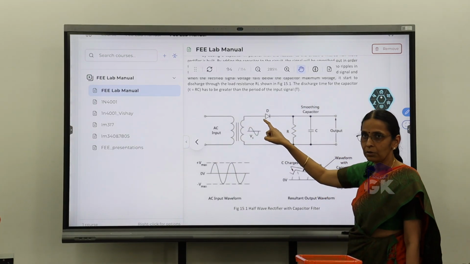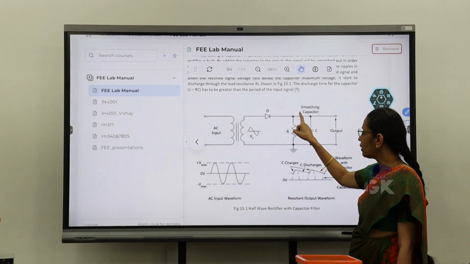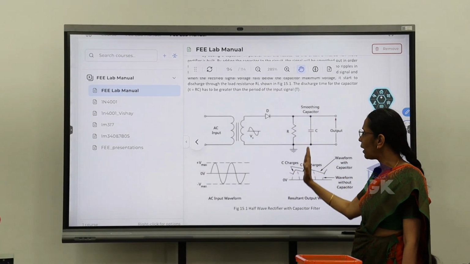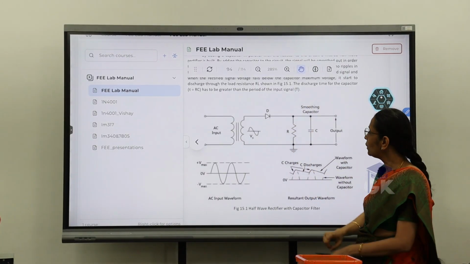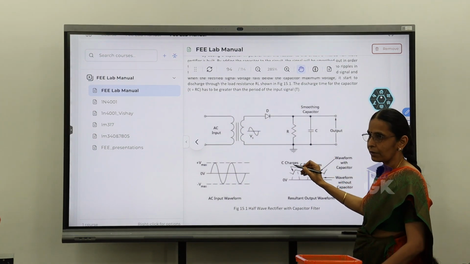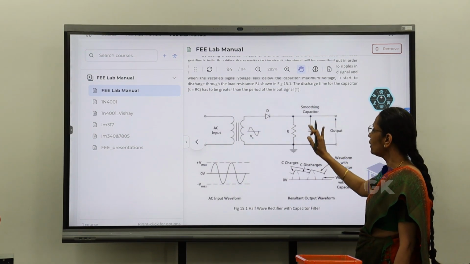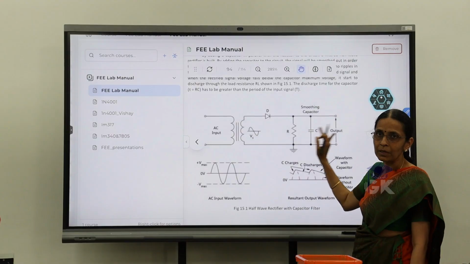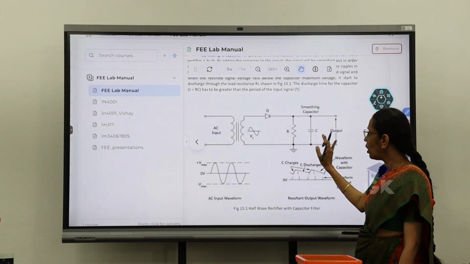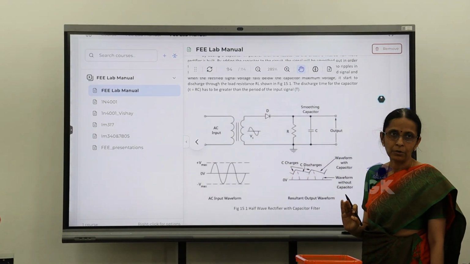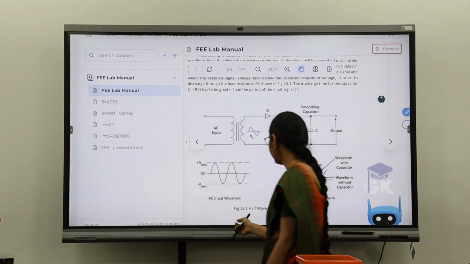You had your diode and to the diode we have connected the RL. Till this part is nothing but my rectifier. Followed by that is the smoothing capacitor, which is my C. Now how this C behaves, that's what we are going to see now.